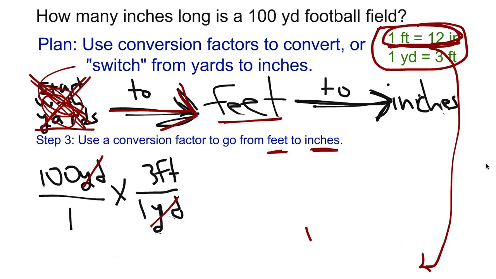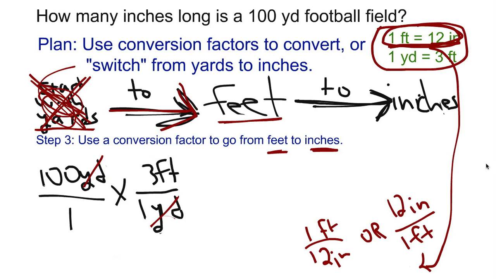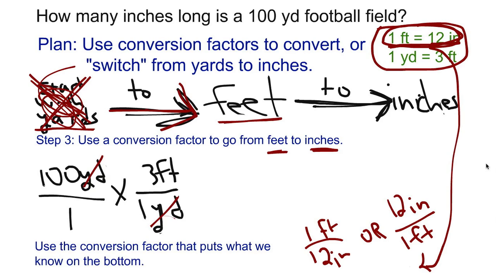We can use either 1 foot divided by 12 inches, or we can do 12 inches divided by 1 foot. And once again, we have to pick one. And we always pick the one that puts what we know on the bottom. So what do we know?